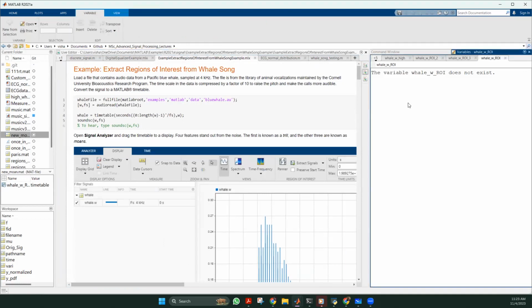When we are using the signal analyzer app, we can easily process the signal. We don't need to do much coding. We can use the functions already available in the system.